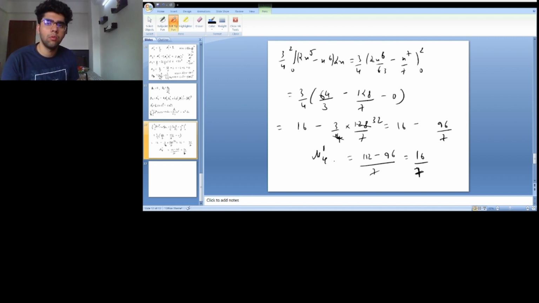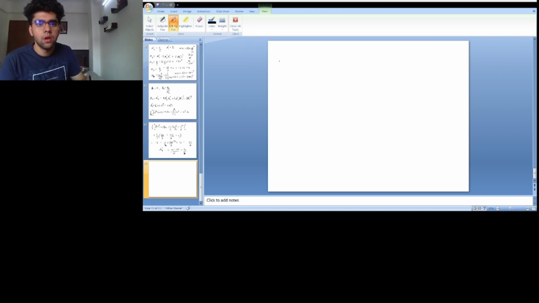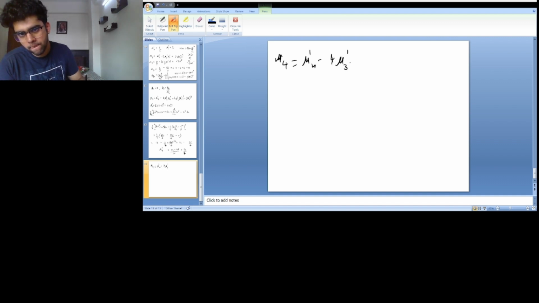The fourth moment with respect to the origin. Now the formula for the fourth moment with respect to mean was mu 4. Let me just check in the formula. This is mu 4 dash, we found this just now, minus 4 times mu 3 dash mu 1 dash, plus 6 times mu 2 dash mu 1 dash squared, minus 3 mu 1 dash to the power 4.